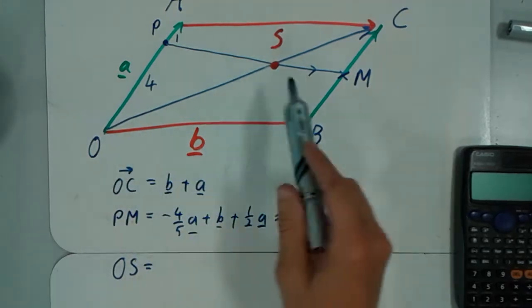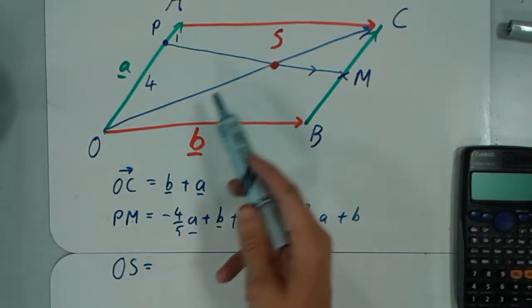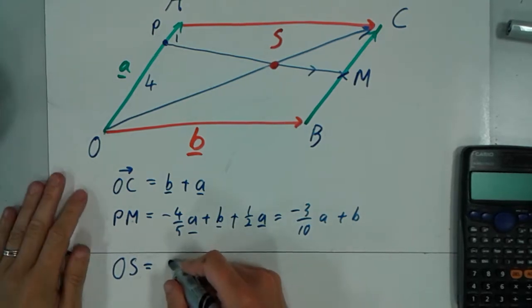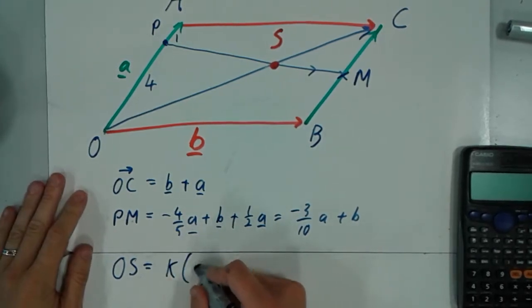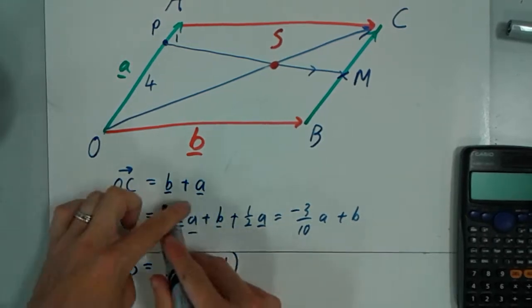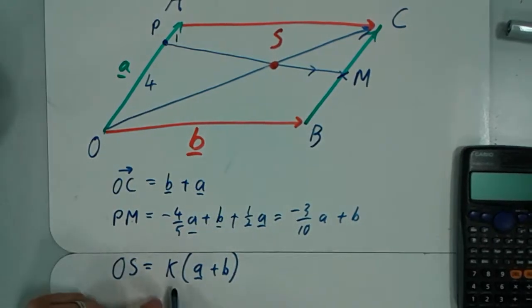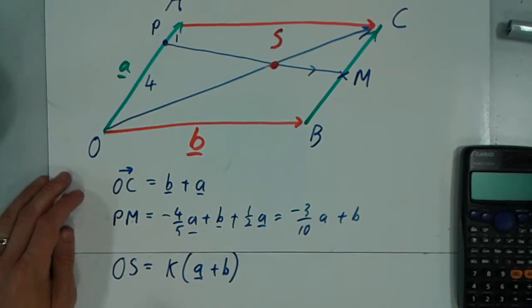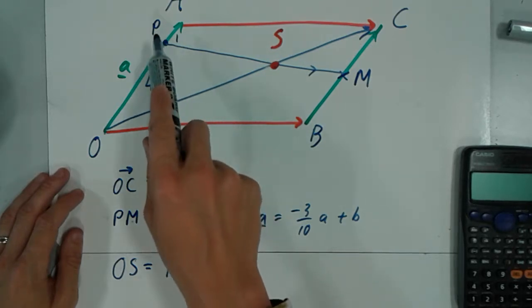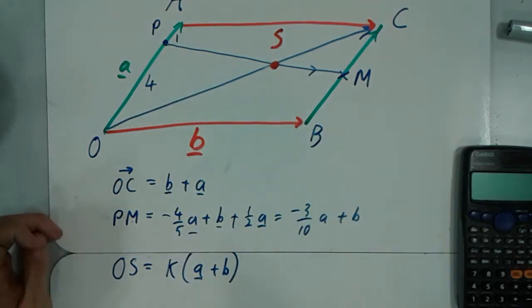We know that the vector OS is some proportion of the way along O to C. So I'm going to write that as k lots of A plus B. Remember, we can write that in any order. So it's some proportion of the way along that line. But we also know that it's some proportion of the way along the line P to M.